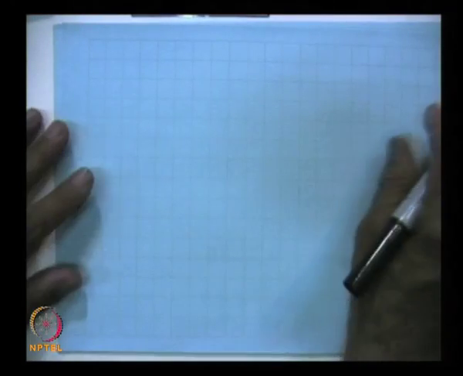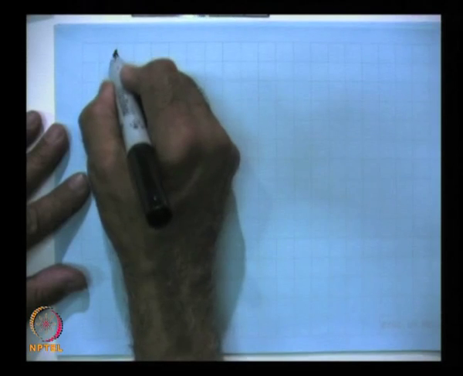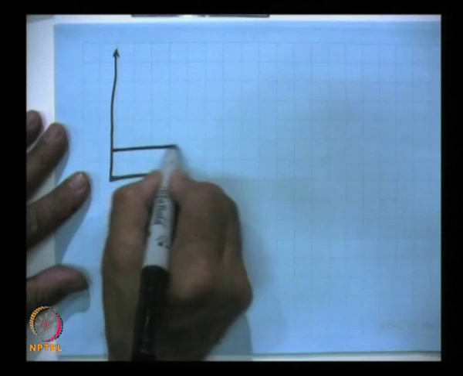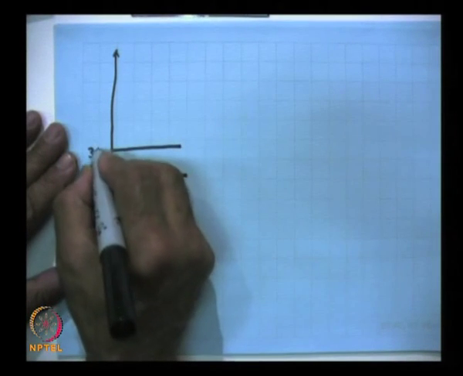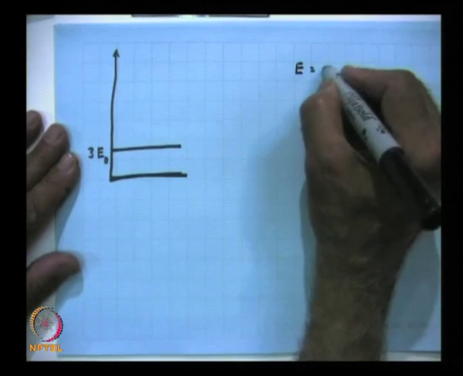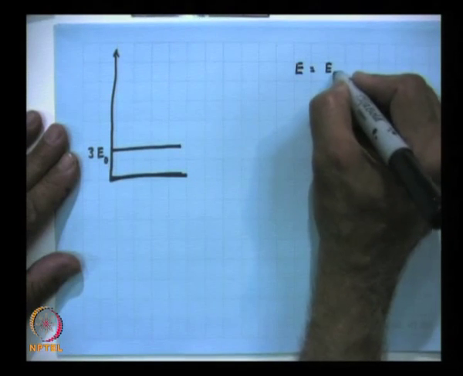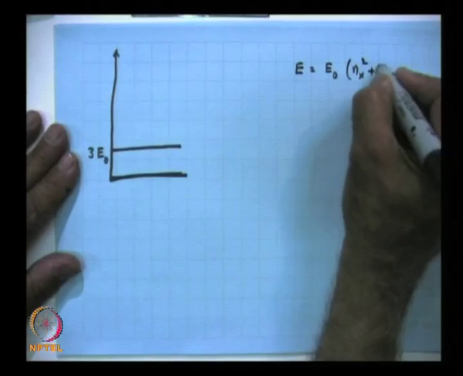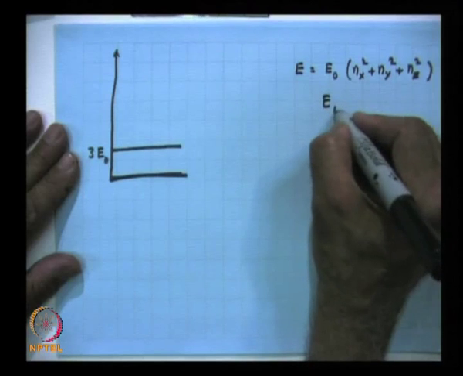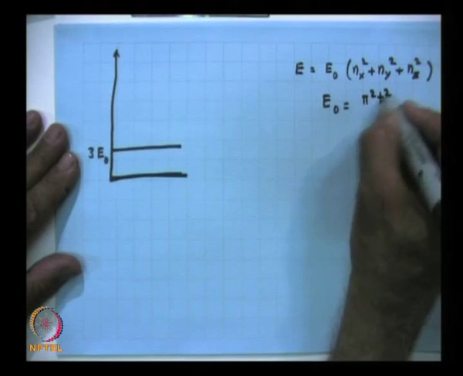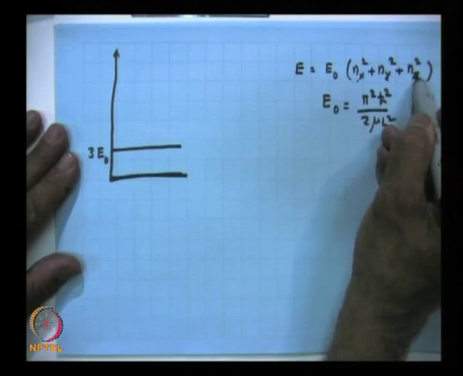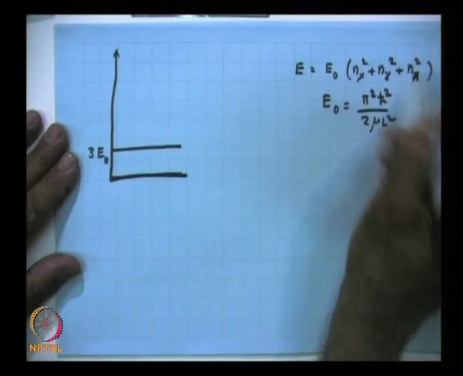If you plot this E, the ground state is 3 E 0, where the allowed values of E are E 0 times n x square plus n y square plus n z square, and E 0 is equal to pi square h cross square by 2 mu L square. If n x is 1, n y is 1, n z is 1, that is the ground state. So this is 1 plus 1 plus 1, that is 3.